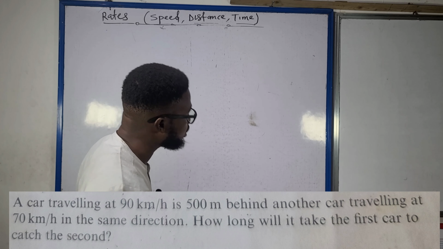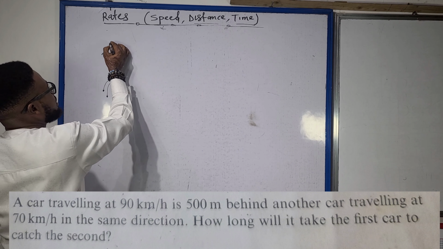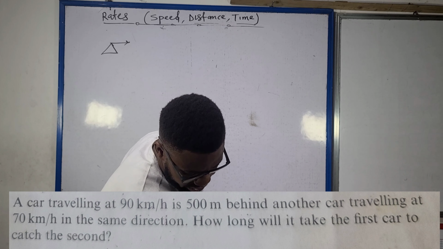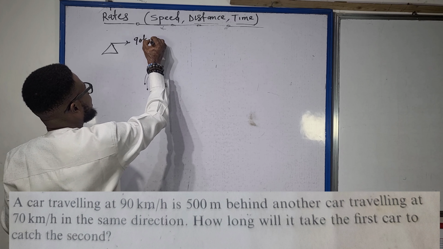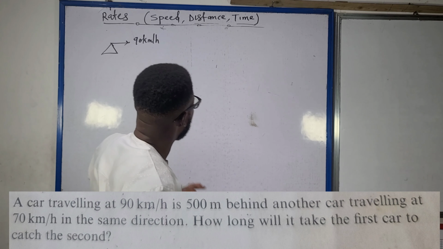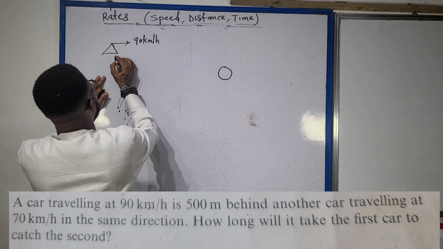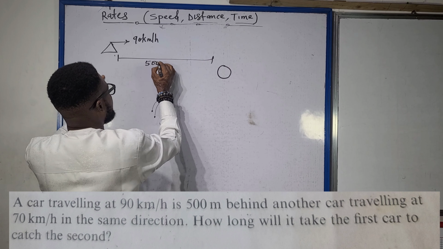A car traveling, okay, let this be the first car. It is traveling at 90 kilometers per hour, and it is 500 meters behind. Okay, let this be another car. So the distance from here to here is 500 meters.